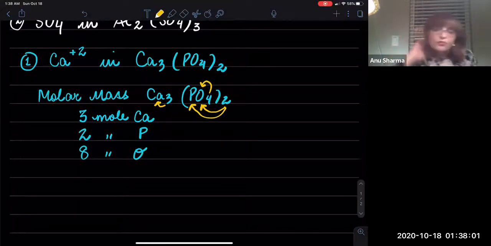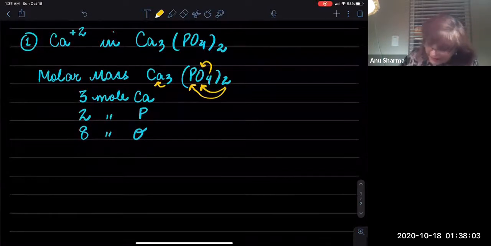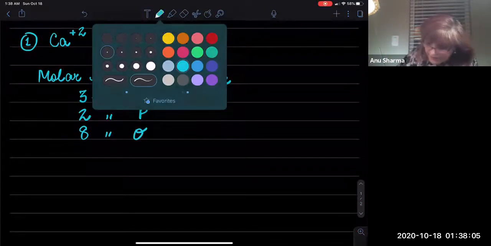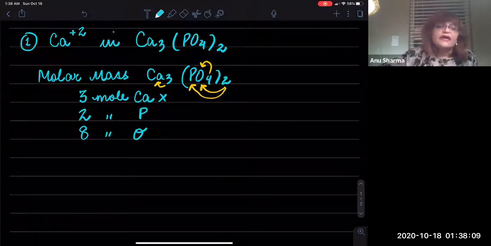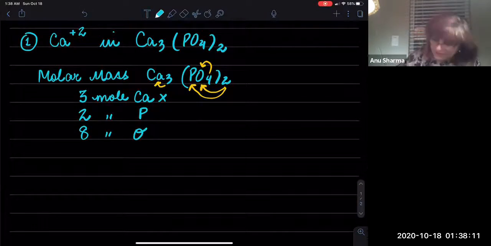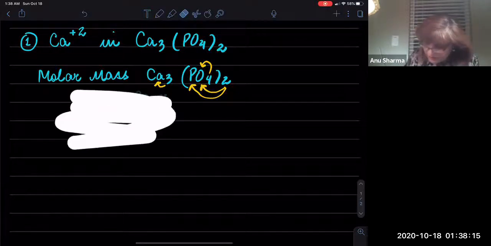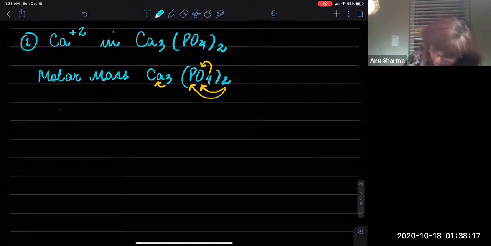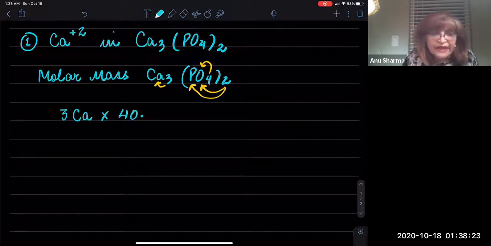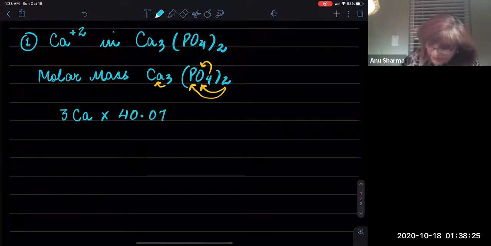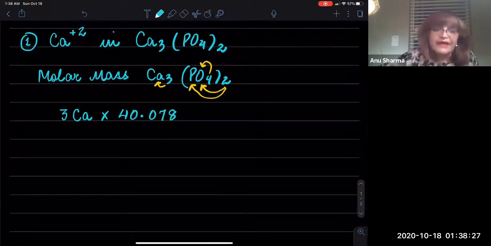Okay, so we have this situation where calcium, there are 3, and the weight of calcium is 40.078. You're going to get this information from the periodic table. So we have 3 calciums, and each calcium is 40.078 grams.